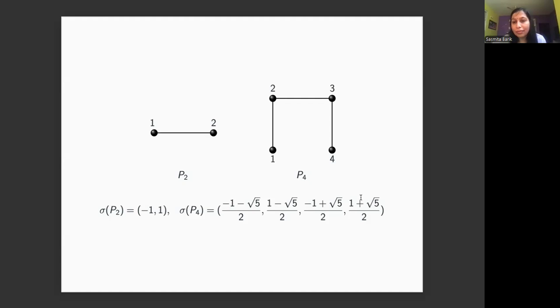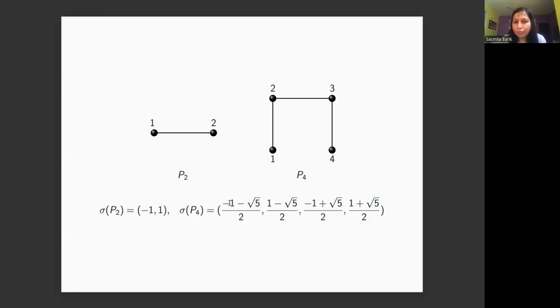But in the second one, if you compute or just look at the numbers, 1 plus root 5 by 2 is one eigenvalue, and its reciprocal comes out as -1 plus root 5 by 2. So this number is there and its reciprocal is also there as an eigenvalue.